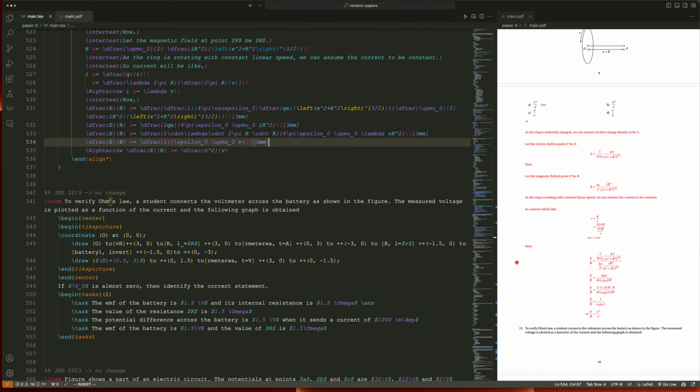I think one more easy way would be to find the differential electric field as well as the differential magnetic field, and from there you can move forward, because both are vector fields.